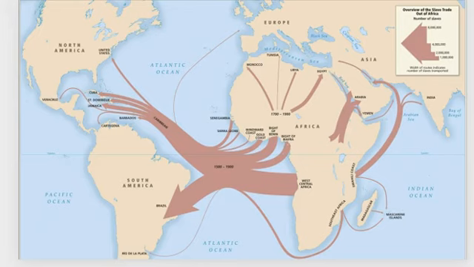If you look at this particular map with these arrows, think about the number of slaves that are brought to places like Brazil, to places like the Caribbean, and all of this is going to be important. It's going to shape not only American history, but also world history. So please just keep that in mind.